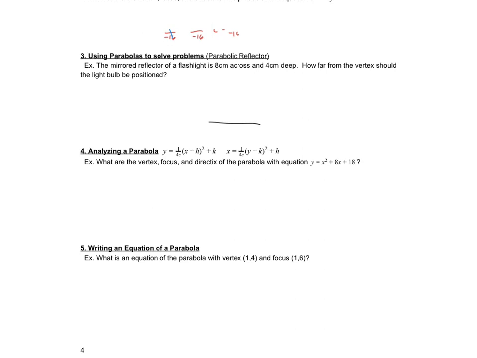Doing the inverse operations, I found out that c is going to be 1/negative 16. So if that's the case, then we know that our focus is going to be (1/negative 16, 0), and then our directrix is going to be, hopefully, x equals 1/16. So we have found the vertex. The vertex should be, hopefully you guys know, (0, 0). And there we go.